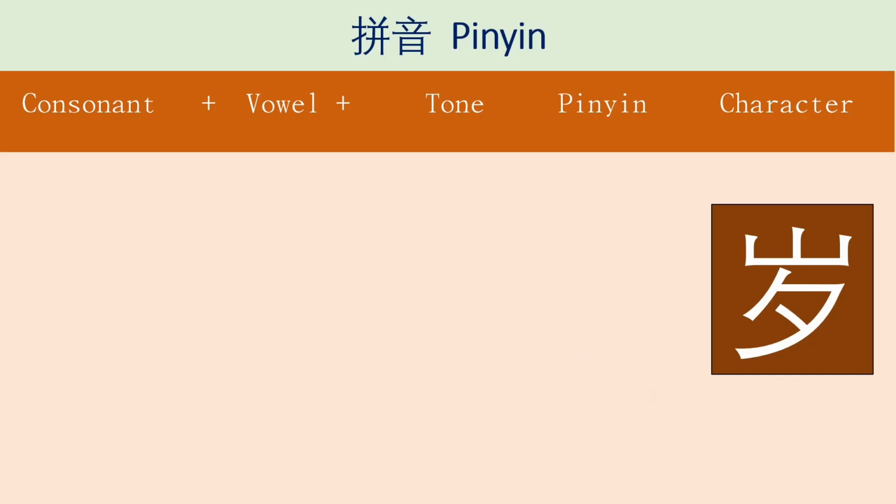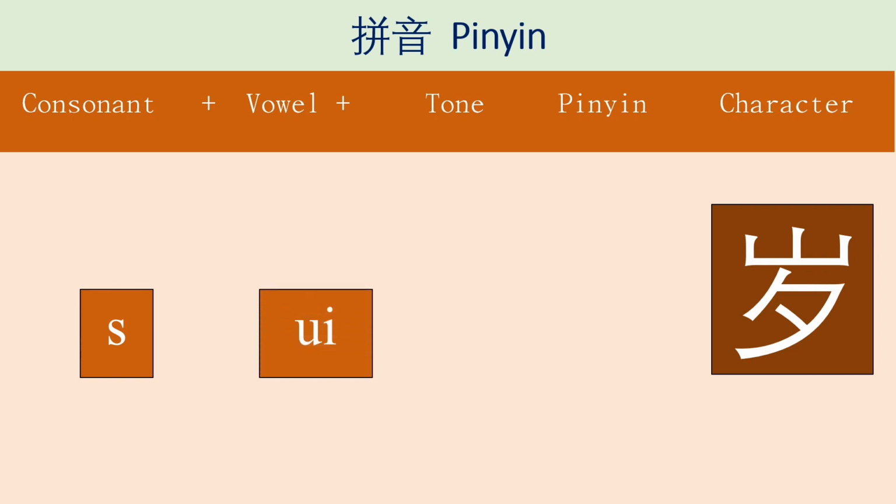The consonant for this word is S, and it sounds s, s, and the compound vowel, or final, is U and I. The sound is ui, u plus e. Ui, ui. And the tone for this word is the fourth tone, suì.